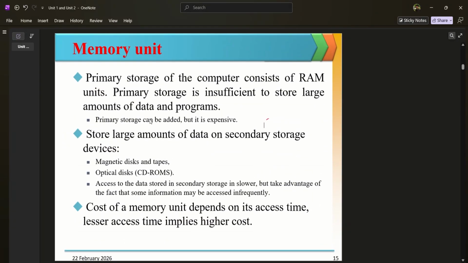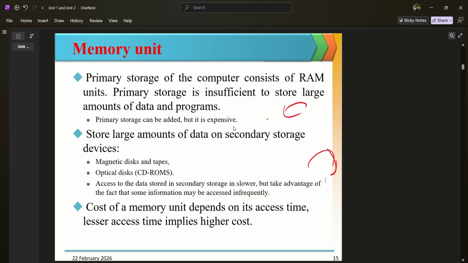There are two types of memory units. Primary units are the ones present inside the computer, and secondary units are the ones present outside the computer. Primary units can be added, but it's expensive. Secondary units are things like a pen drive, magnetic disc tapes or CD-ROMs, where the access time is higher but the cost is less.